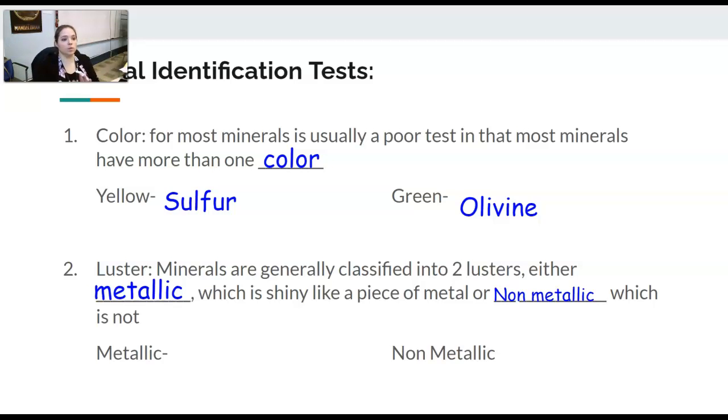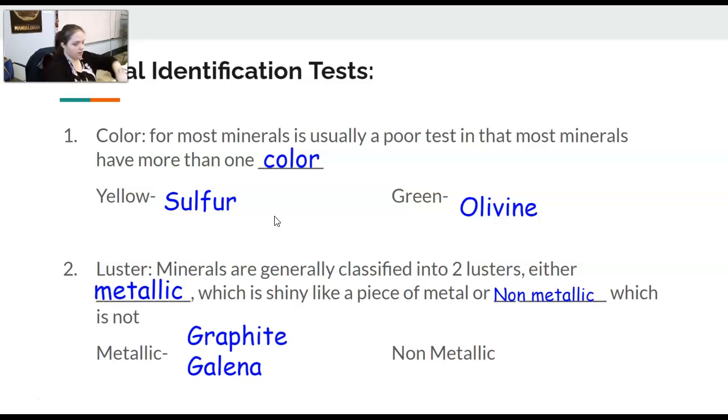All right, out of those, only 2 are metallic. Well, you don't have the minerals at home. How do you know? Looking over here at the very, very side, it tells you which ones are metallic and which ones are not. Well, which 2 of the 10 that I've given you are metallic? You've got graphite and galena. Those 2 are metallic.